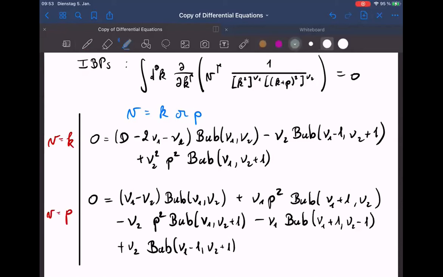What you get, in the first case, is always an integral from this family, but with possibly shifted values for the u's.